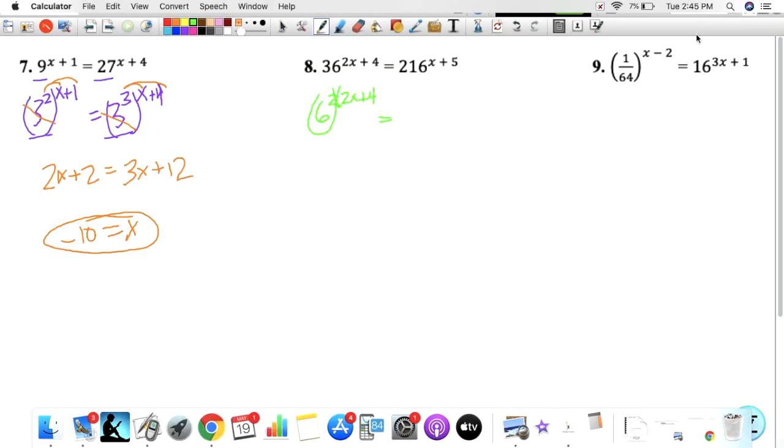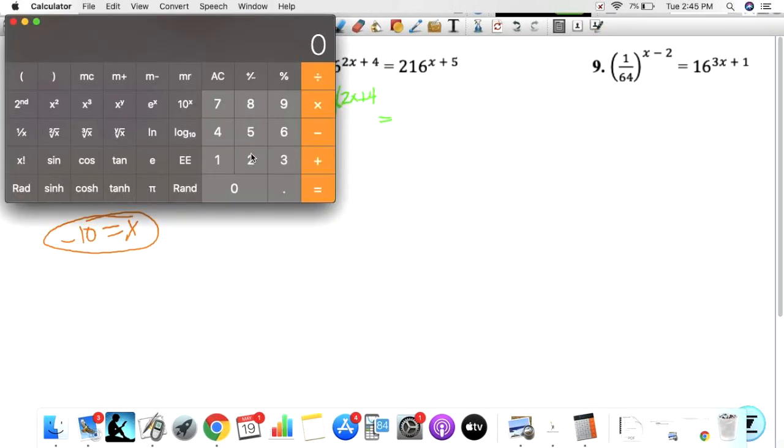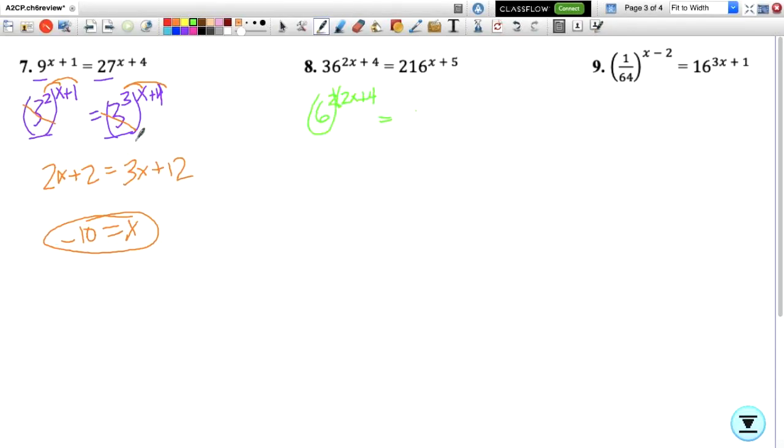So let's pull up that calculator. And let's do 216 divided by 6. Because remember, I want them to have the same base. Ooh, and I notice it's 36, and 36 is divisible by 6. So 216 is the same thing as 6 to the third power raised to the x plus 5. So these don't have to be prime as long as I can get both bases to be equal, okay?